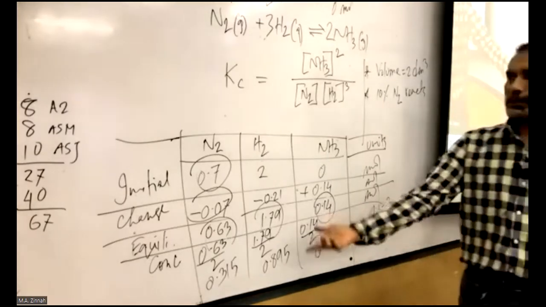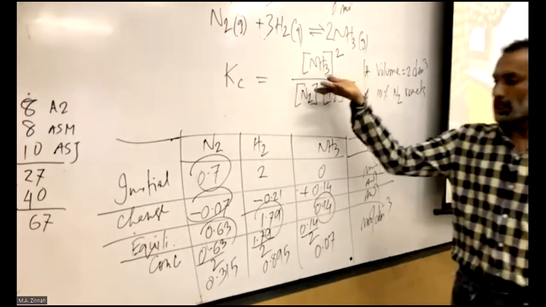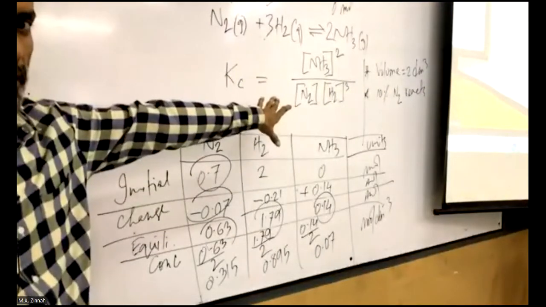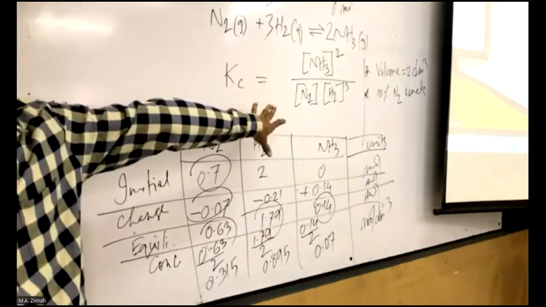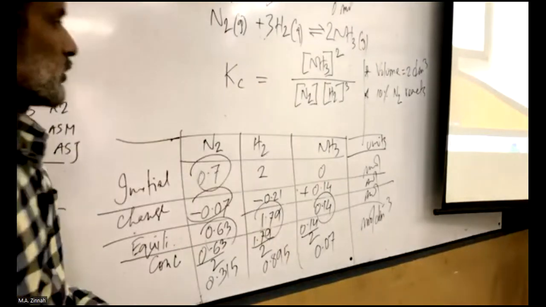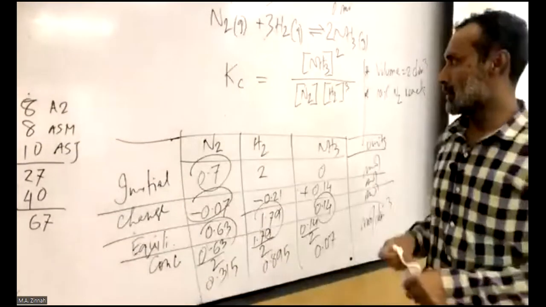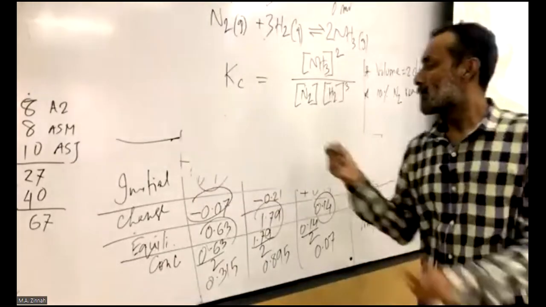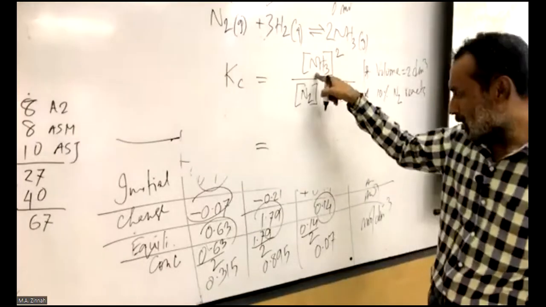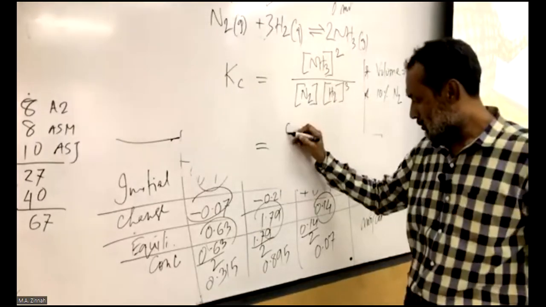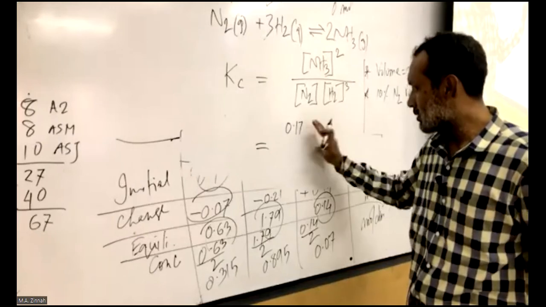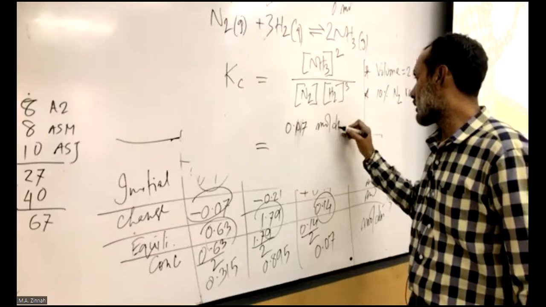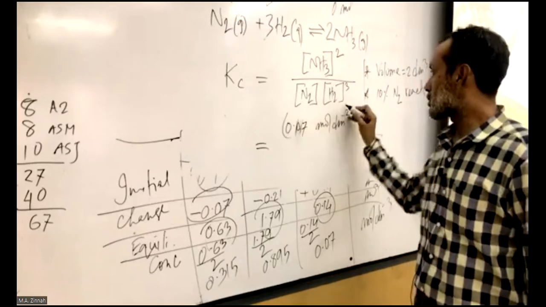So these are the concentrations. Now look at the expression. You have already calculated the concentrations. If you just put the values here, you will easily calculate Kc. I'm going to show it here with units. The value here for ammonia is 0.07, with the unit mole per dm cube, squared.